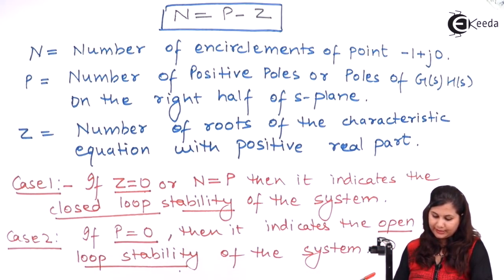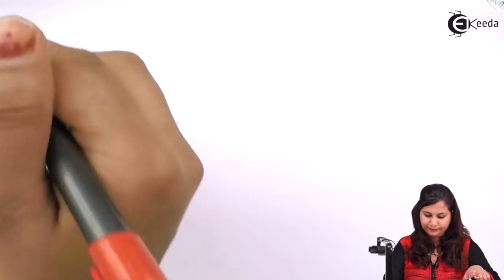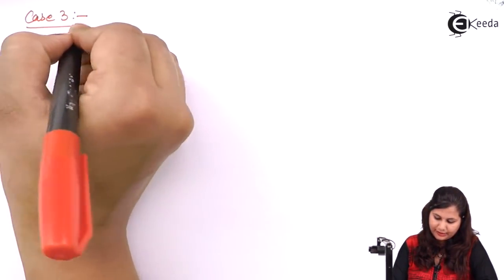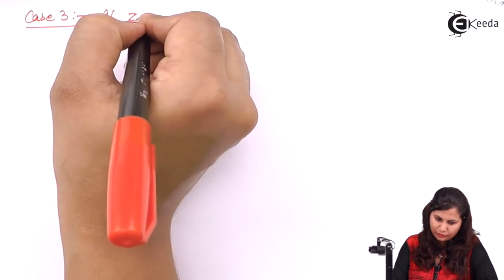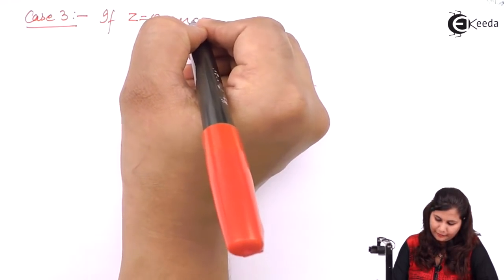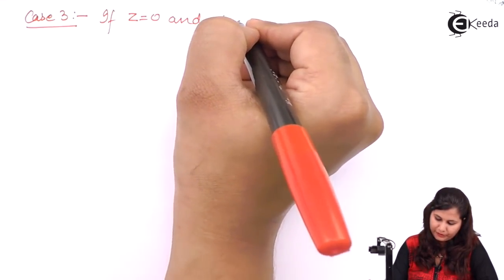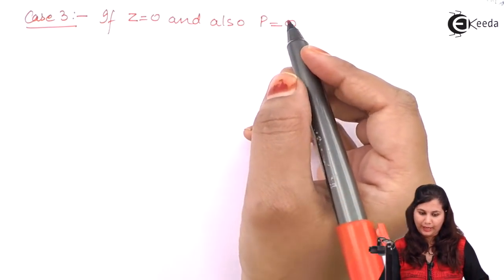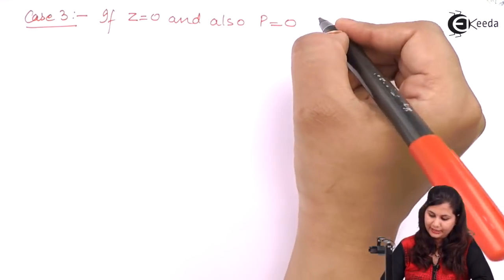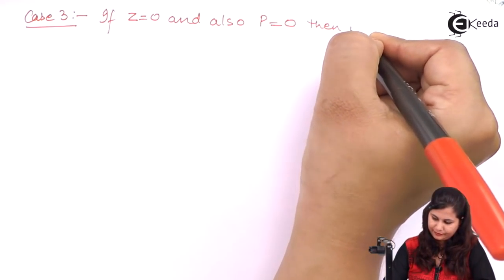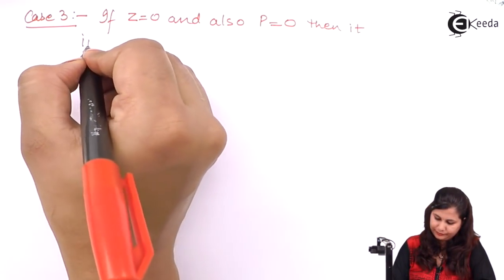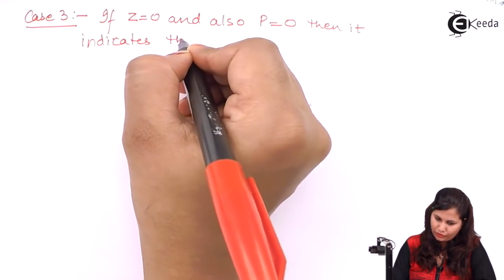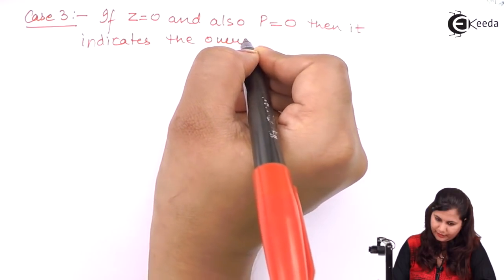Now case number 3. Case number 3 is if Z is equal to 0 and also P equals 0. That is, Z is 0 and P is also 0. Then it indicates the overall stability of the system.